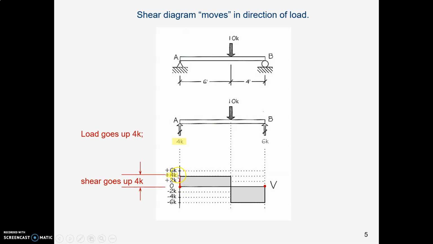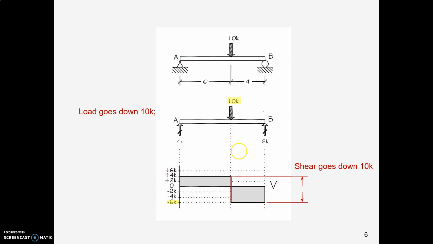Then, between here and the next load, nothing is happening, so we just stay level until we get to that next load. And it's pushing down 10k, or 10,000 pounds, so my shear diagram goes down 10k. I was up at 4k. If I now go down 10k, that takes me down to negative 6k.